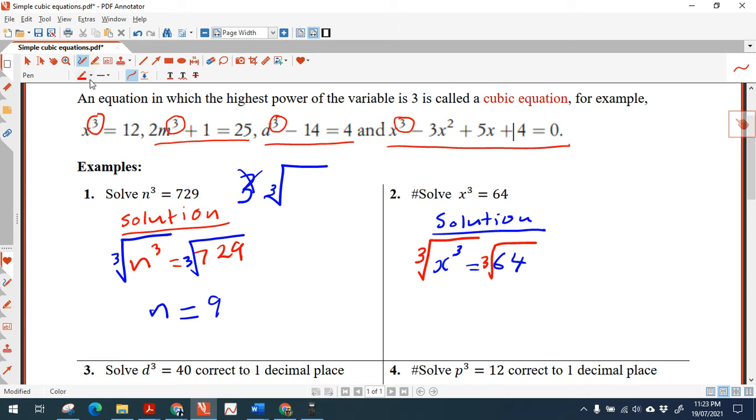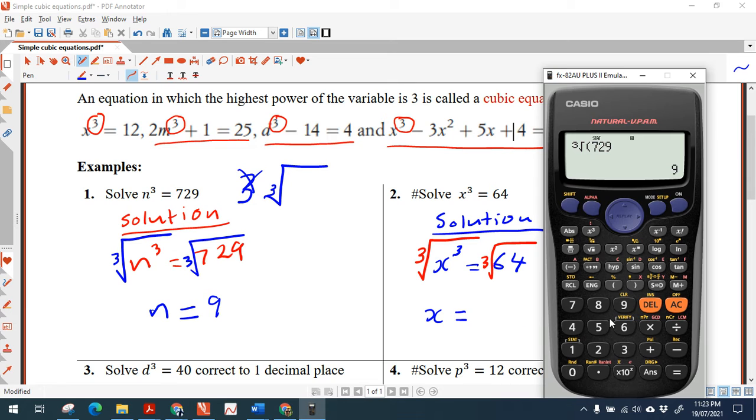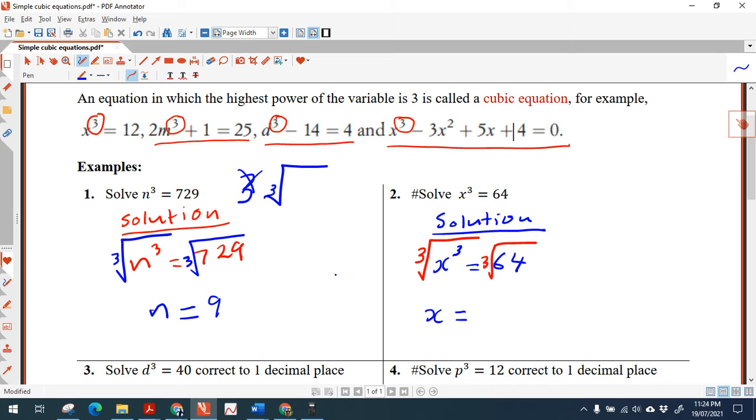Okay, and that's going to give you x is equal to, now on your calculator, let's do it. It's going to be shift cube root 64, which is 4. Okay, so let's write down 4.